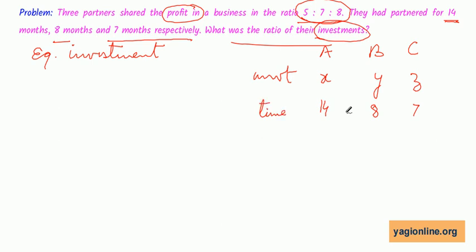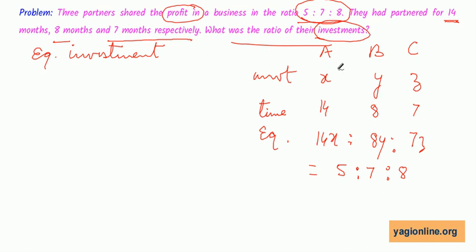Since time is different, we have to find out equivalent investment, and that will be 14x, 8y, 7z. This is the equivalent investment, and if you find the ratio of this equivalent investment, this becomes the ratio of profit sharing, that is 5:7:8. That is how the question has to be framed.